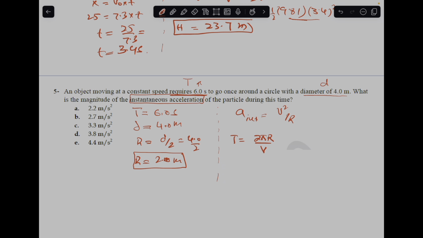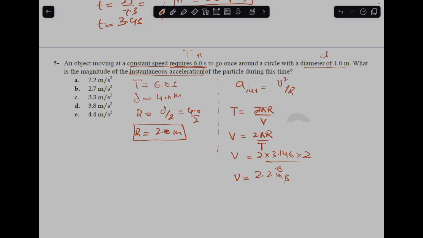So your v is 2 pi r divided by T. So v equals 2 times 3.14 times 2 divided by 6. So you will get v, which is 2.2 meters per second.